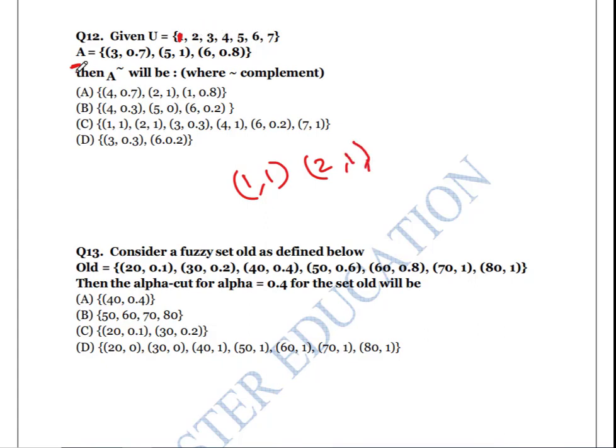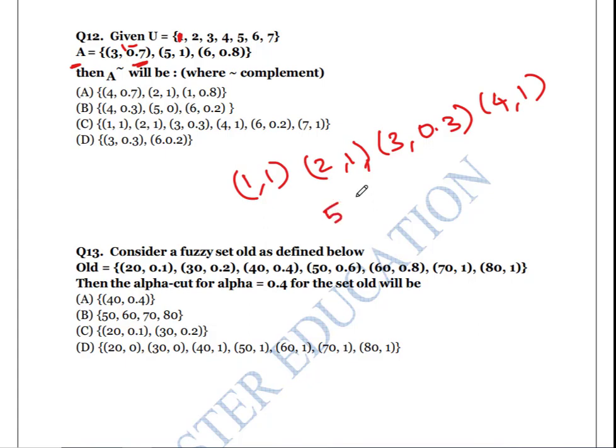The next is 3, here also 3, and it is 0.7 here. So we do 1 minus 0.7, that is 3, 0.3. Then 4. 4 is not there, so if it is not there, you just write it as 1.